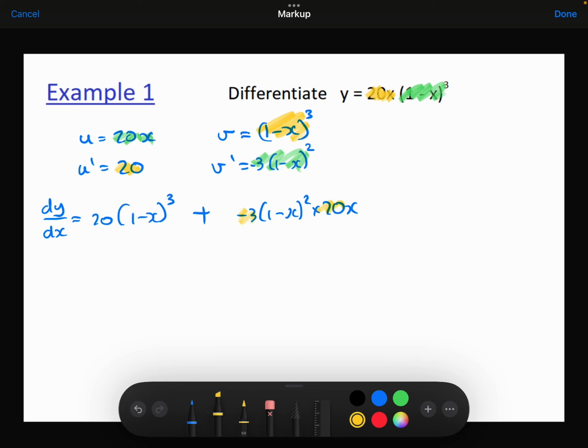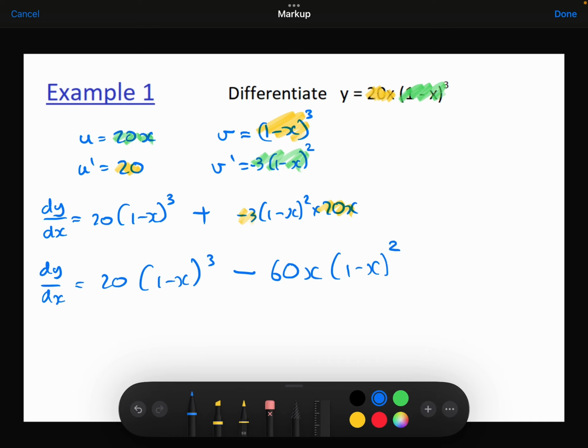The minus 3 times the 20x will be minus 60x. And then the plus minus 60x will actually turn out just to be the minus 60x times 1 minus x squared. So that's been differentiated now.